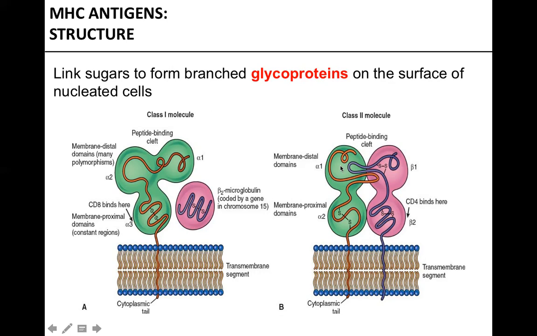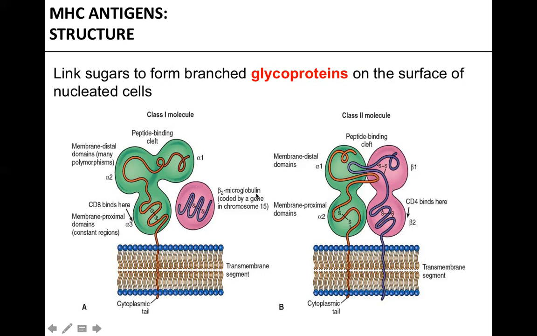Class 2 molecules are connected to the cell membrane in 2 spots. You can see right there. And they have alpha and beta chains. But the main difference between this and class 1 is that they're all connected to each other. So you can see alpha 1, alpha 2, beta 1, beta 2, but they're all connected.